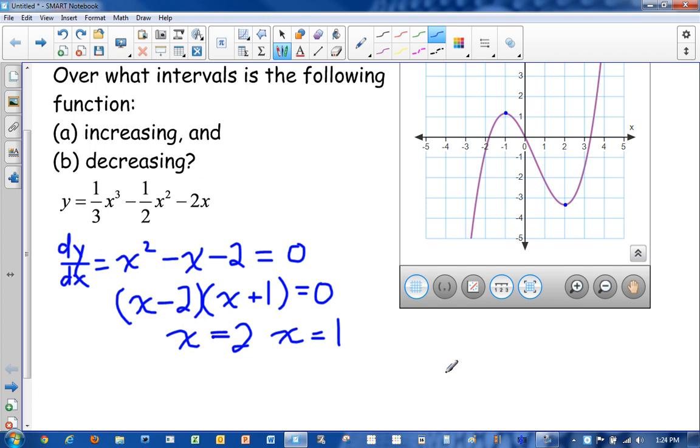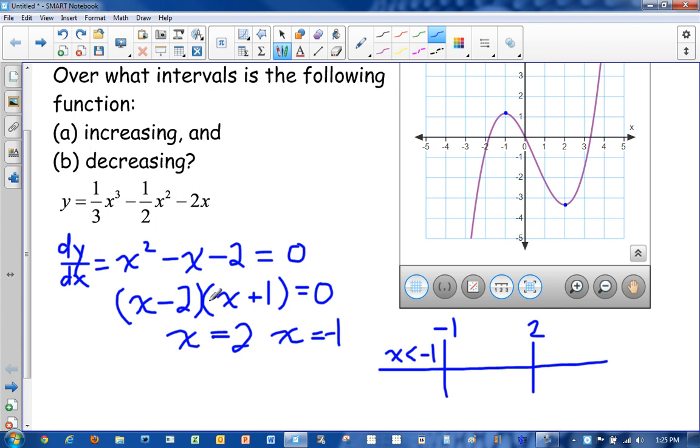But let's say you didn't know that. What you would do is you would make a sign diagram. The 2 spots where the derivative is 0 are at -1 and 2. So let's talk about what's going on before -1. I would just take some number that's less than -1 and plug it into the derivative.